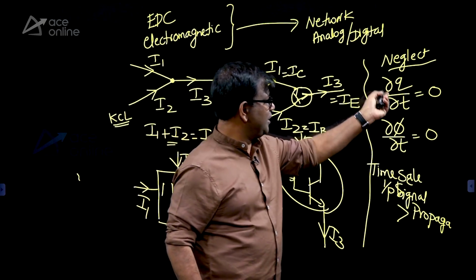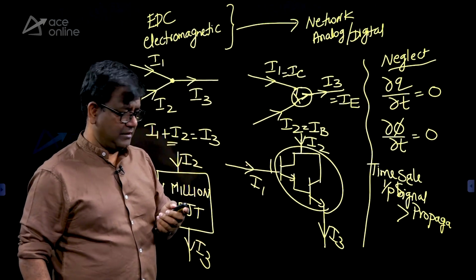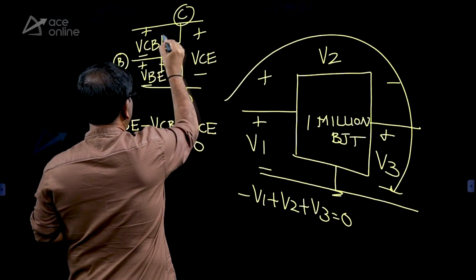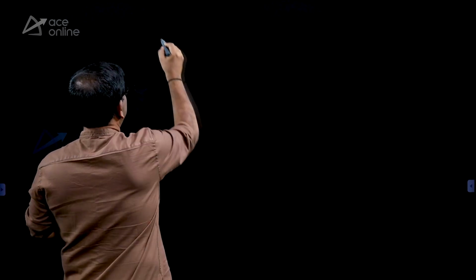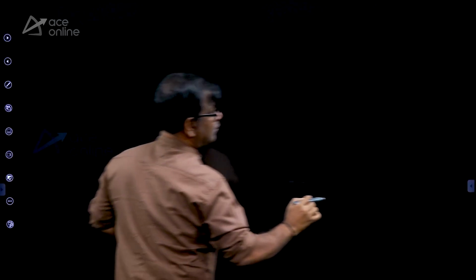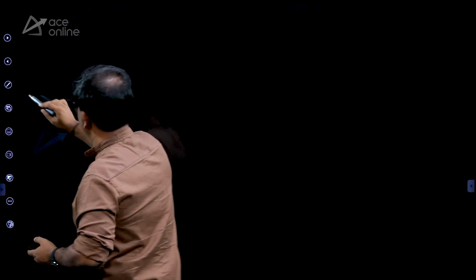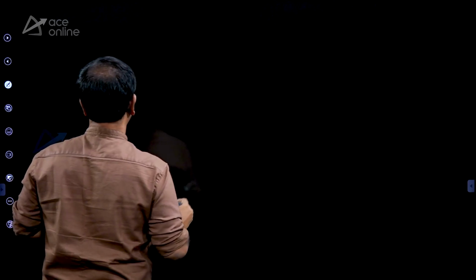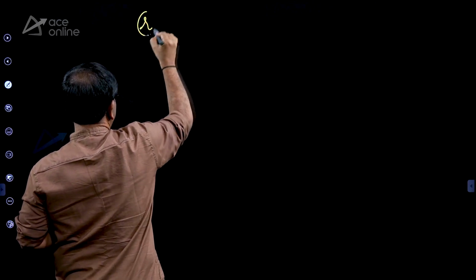Now, why this dq by dt has to be 0? So let me give you a small insight. Suppose you have a diode, or say you have a bulb. Okay, suppose you have a light bulb.